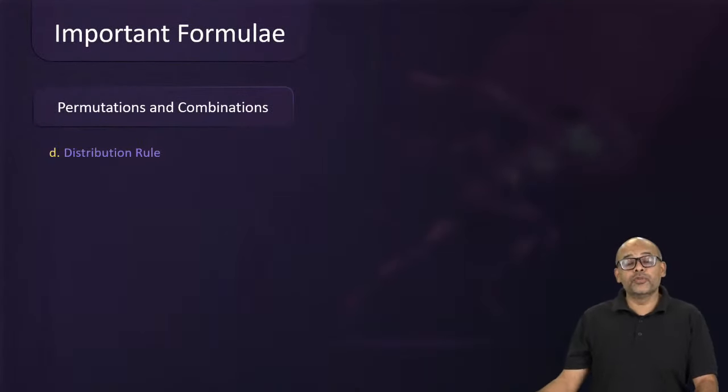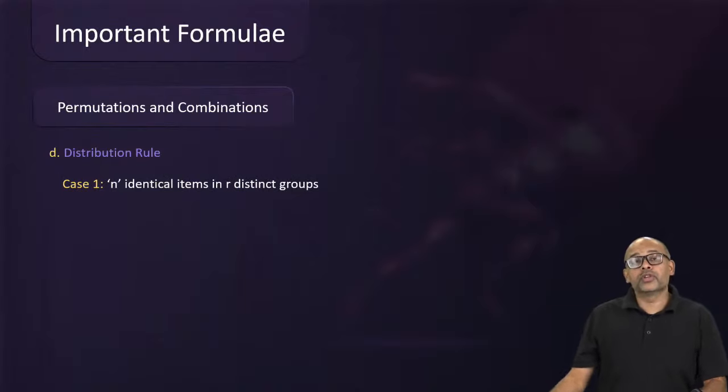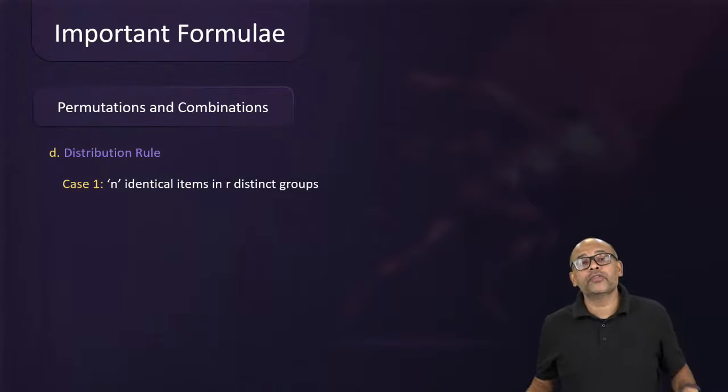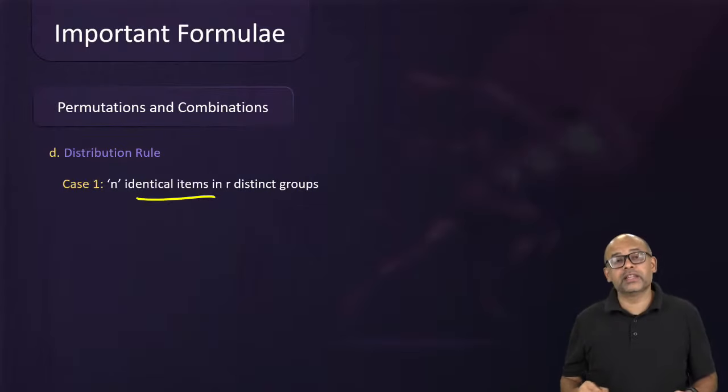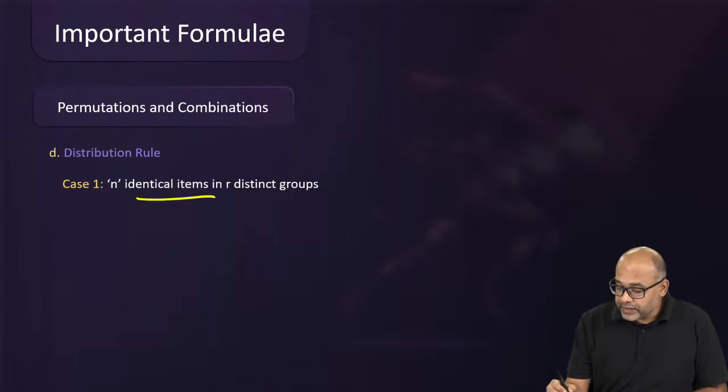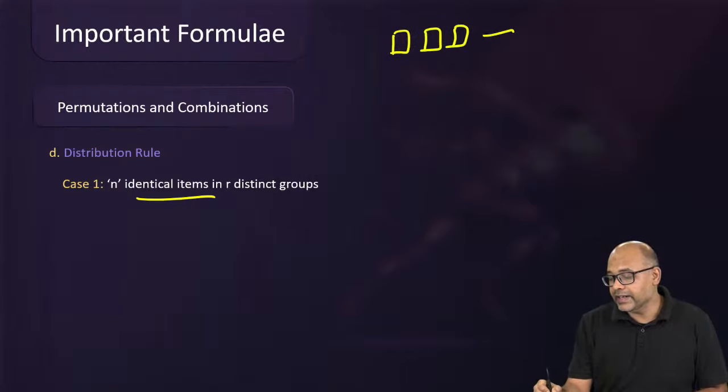Now the next is a distribution rule. What is the distribution rule? It is the number of ways of distributing n identical things into r distinct groups. What I mean by this is, let us say there are 3 identical books.